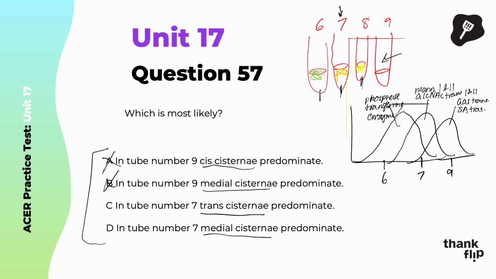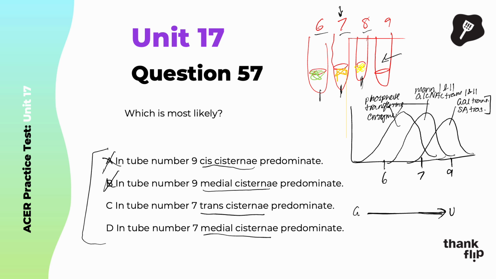So in tube number 9, you have your GAL transferases and your SA transferases, right? So in 6, 7, and 8, you can assume that, because of the answer options, one of them is going to be cis, one of them is going to be medial, and one of them is going to be trans, right? So when you look at your flowchart that went from G all the way to U, you'll notice that your GAL transferases and SA transferases are the final steps that are occurring in this glycoprotein conversion.